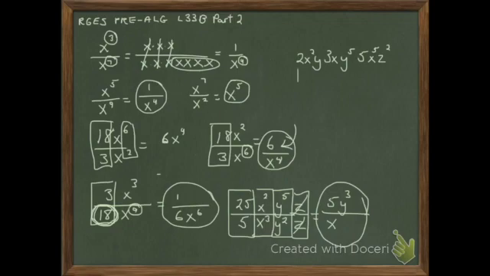Well, I would take my three numbers and I would multiply them, because this is multiplication. 2 times 3 is 6, 6 times 5 is 30. I would look at all my x's. How many x's do I have? 2 and 1 more, that's 3, and 5 more is 8 x's. That's x to the 8th. I would look at all my y's. I have 1 and 5 more, that's 6. I would look at all my z's. I have 2 of them.